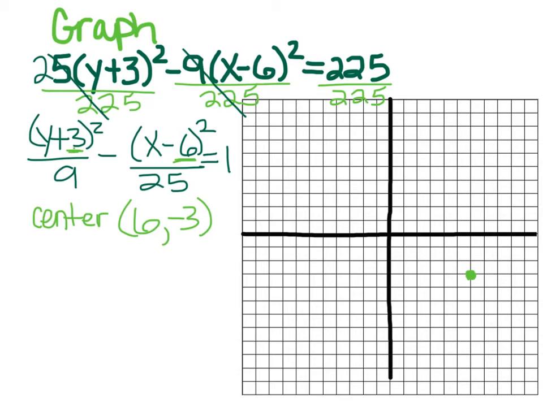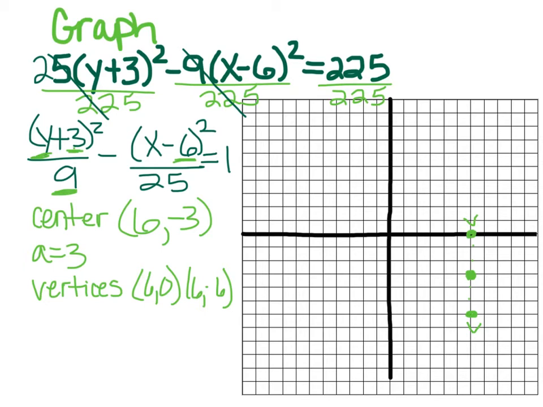And then our a value is 3, and it's in the y direction. So I'm going to go up and down 3 from my center. So 1, 2, 3, there's a vertex, and 1, 2, 3, there's a vertex. Those vertices are at 6, 0, and at 6, negative 6.